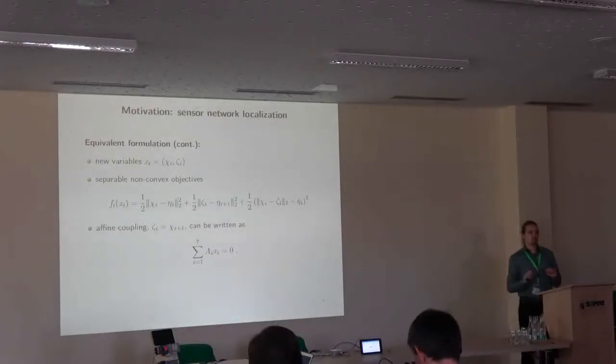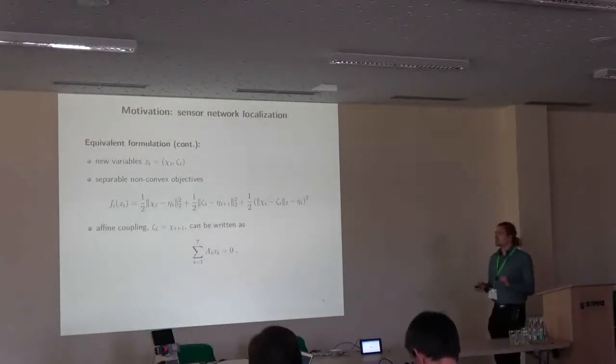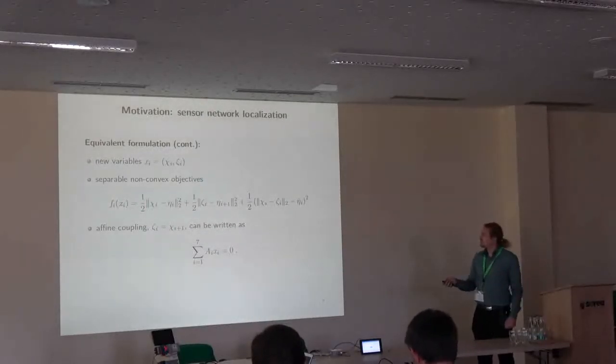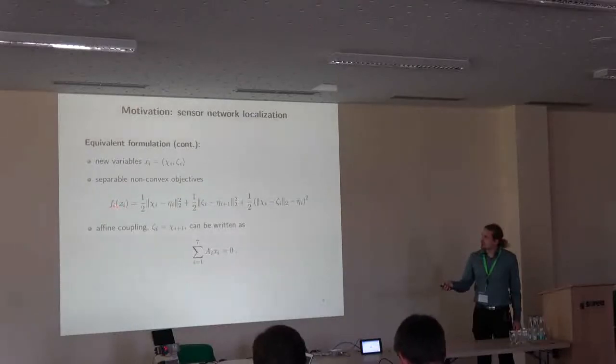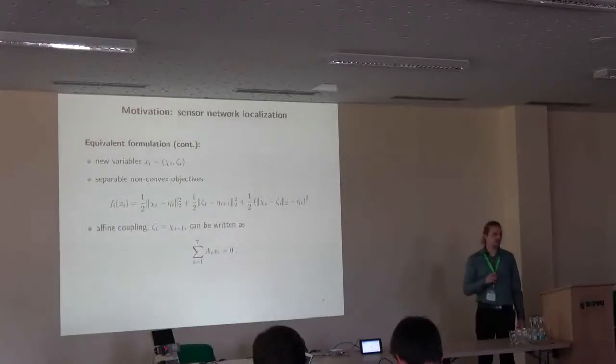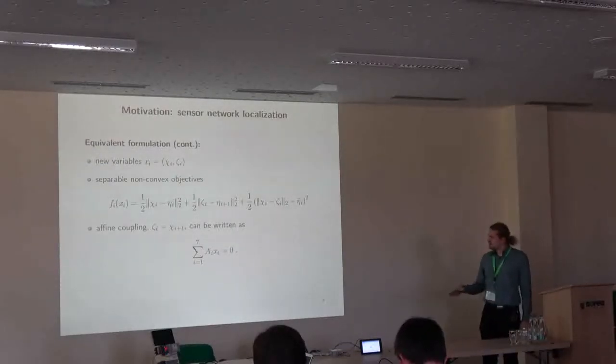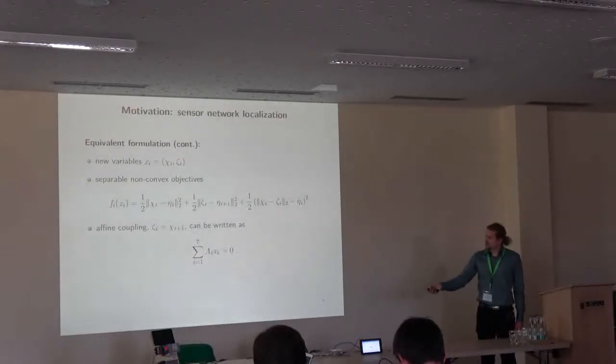That's not resolved. But actually, the good news is these non-convexities are now separable. Yeah, so this function f depends only on the index i, and this function only depends on the variable x_i. So there's no global coupling anymore in these functions f_i. But the coupling is all in this affine constraint, which could be written into this general format here.